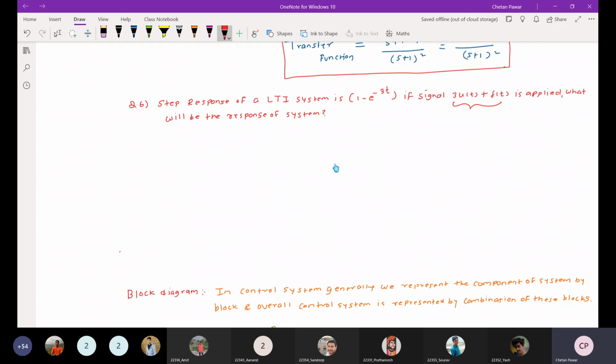So the first task here is what you can do. As you know, if this is an LTI system, can you try this problem? Can you solve this? Can anyone give me an idea how to solve this particular problem?